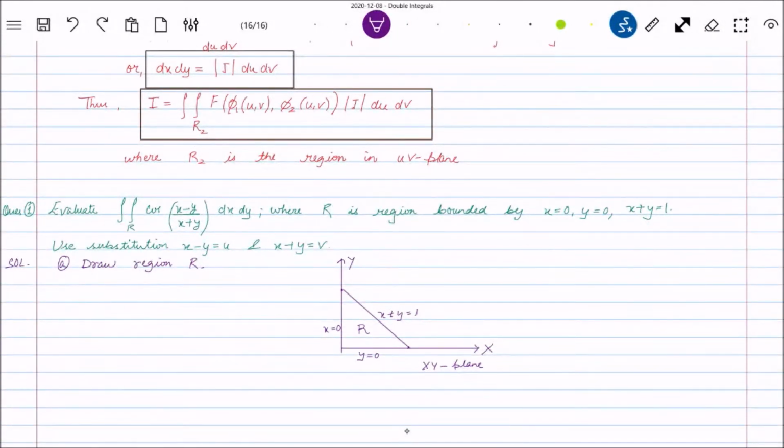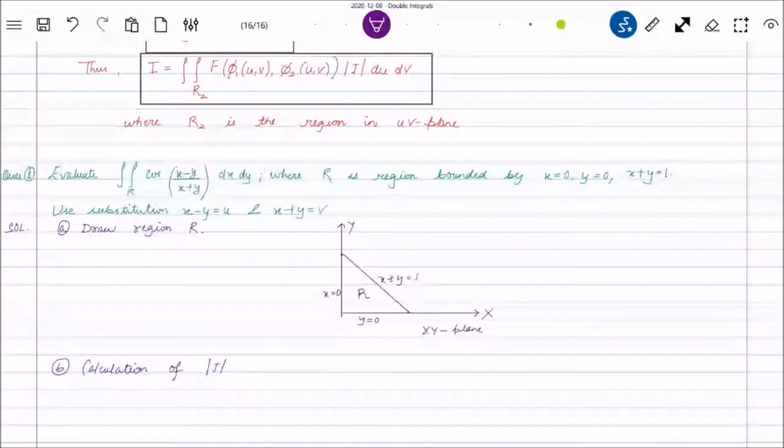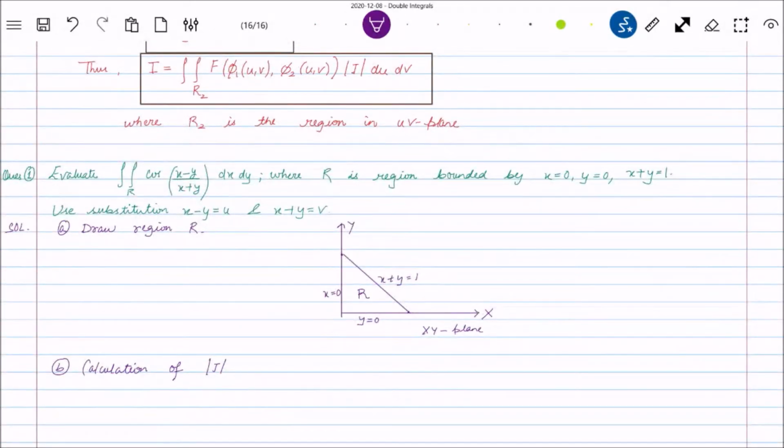Now the second part of this question, we will do this question in phases, and that is calculation of the Jacobian determinant, because whenever you use a transformation, you have to use that balancing factor that is called the Jacobian determinant. You can see that these are the equations of u and v in terms of x and y.